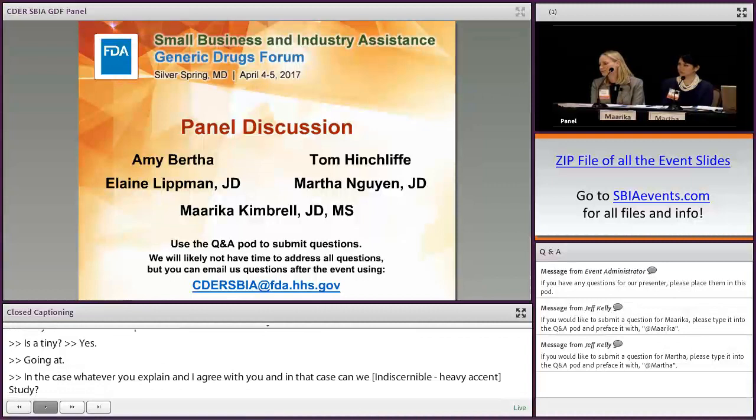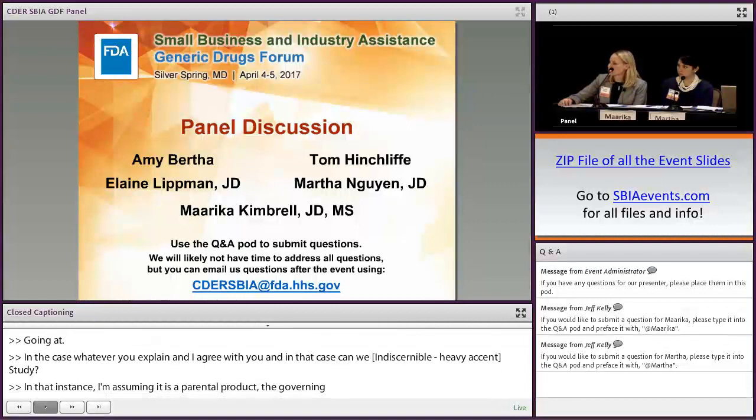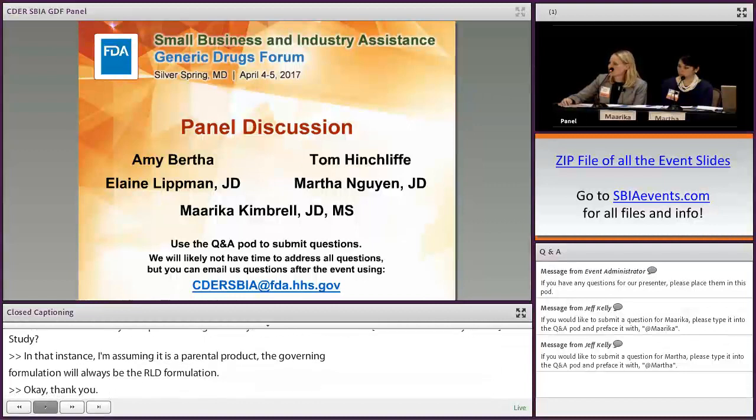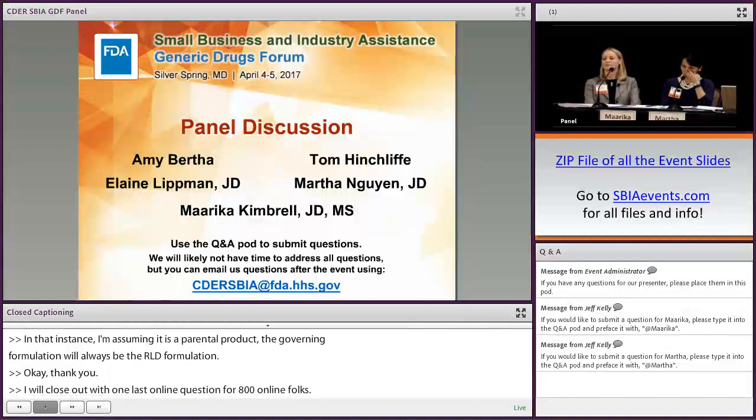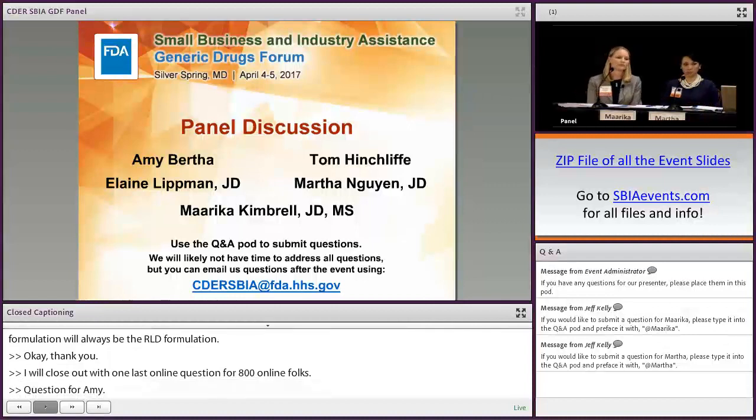So the new formulation is the approved formulation. The analysis that we undertake is that an applicant can seek a 314.99 waiver, a waiver of the regulatory requirement for Q1, Q2. We have approved some in the past for old formulations exactly in the circumstances that you've outlined, which is if the RLD has been reformulated, but not for safety or effectiveness reasons.